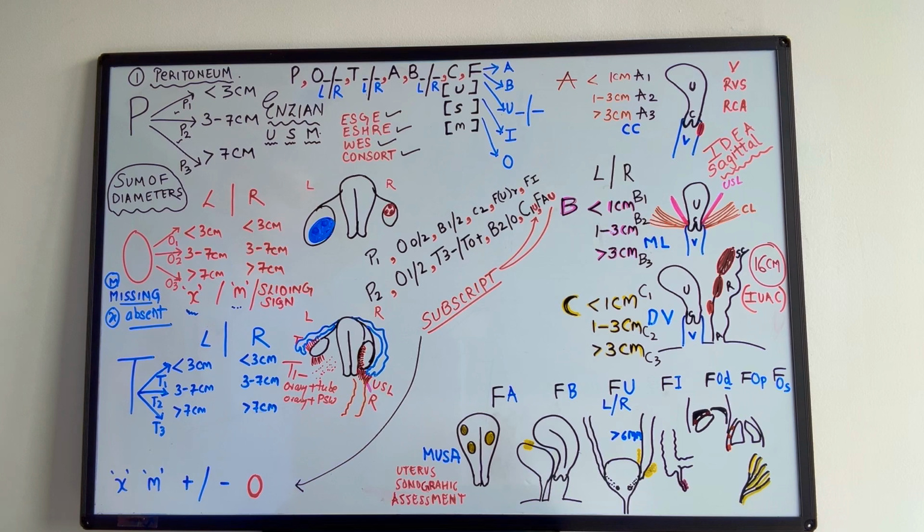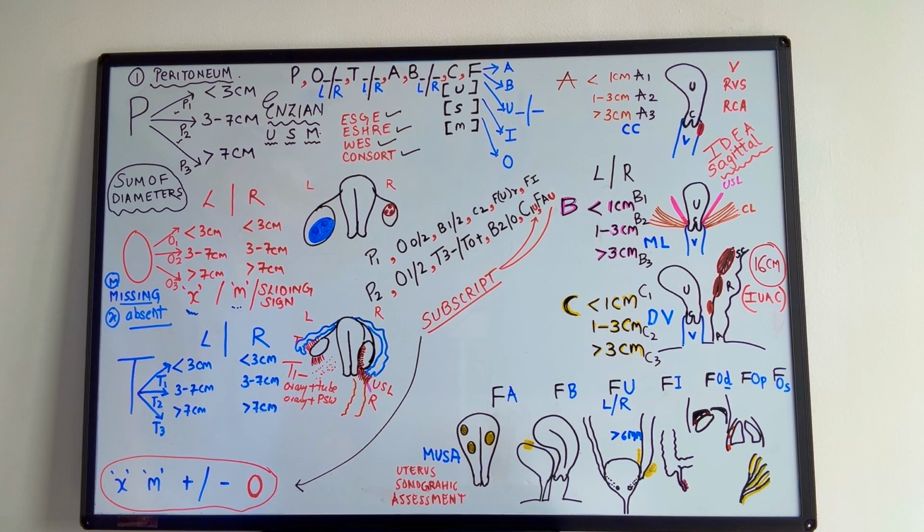Now, in the tubo-ovarian part of the Enzian classification, there are a few alphabets and numerical values that we need to understand, plus and minus. So X stands the same here for absent tube, M stands for a missing tube, plus and minus.